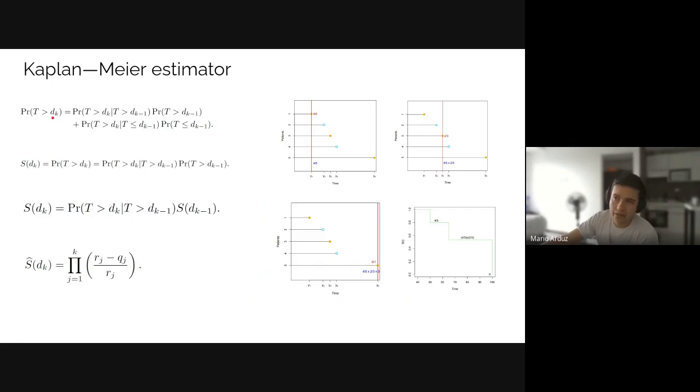They are going to apply conditional probability to this, and they are going to use the conditions based on a true time that is greater than d sub k minus 1, and the complement of this information, that would be that T is lower or equal than d sub k minus 1. This part is going to be canceled out just because if a patient's true time or survival is lower or equal than d sub k minus 1, they are not going to be alive in d sub k, right?